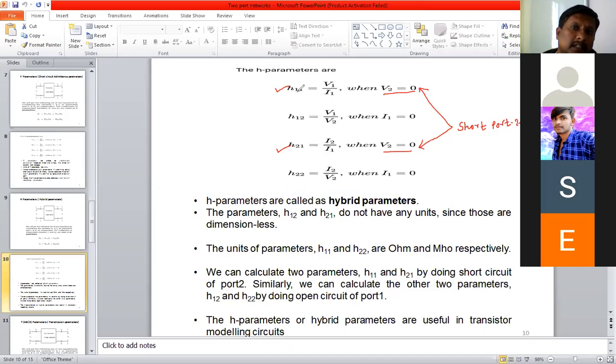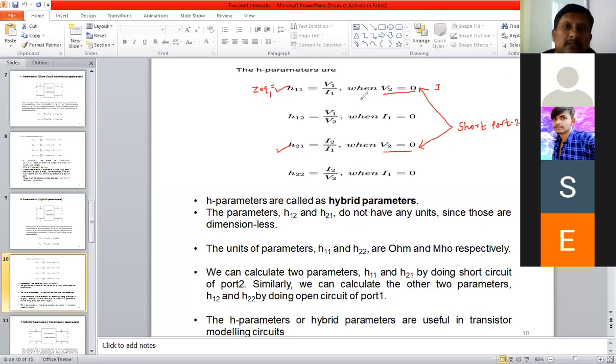Now see, H11 is equal to V1 upon I1. What is this? It is impedance, so it is input impedance. कारण V2 शॉर्ट केला सर तर फर्स्ट पोर्टला तुम्ही सप्लाय देतात. So V1 upon I1 is nearly equal to Z equivalent 1, which means impedance.